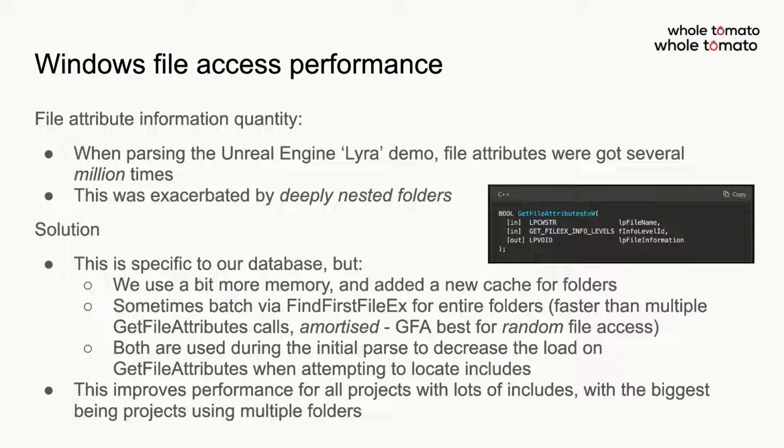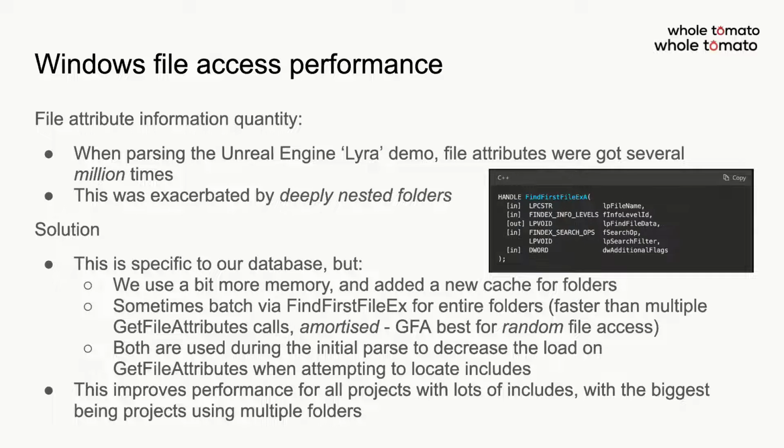Second, getFileAttributes is known as the fastest option for getting file info, which is true. But it's true only for random file access. If you're getting info about a file somewhere, a randomly chosen file, and an include file can fit this description because when parsing, which file is included is effectively random to the parser.